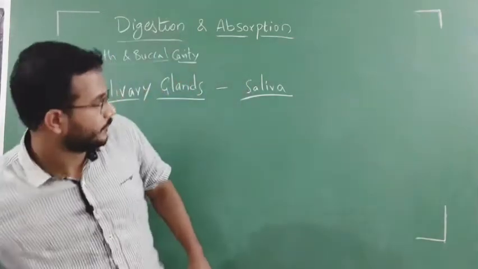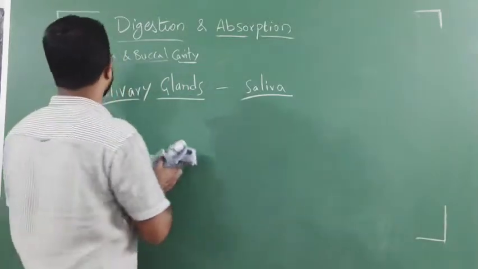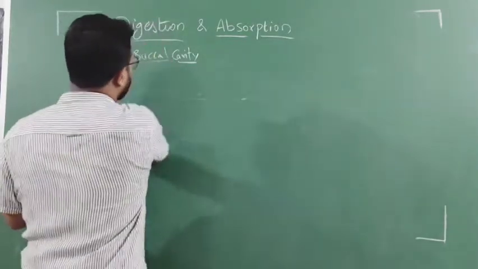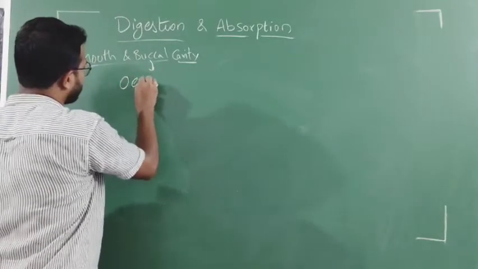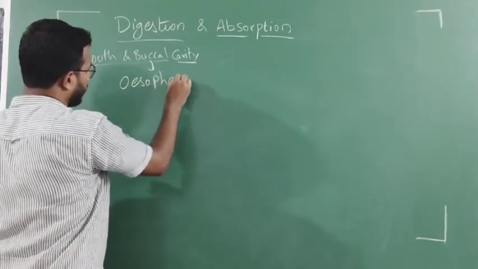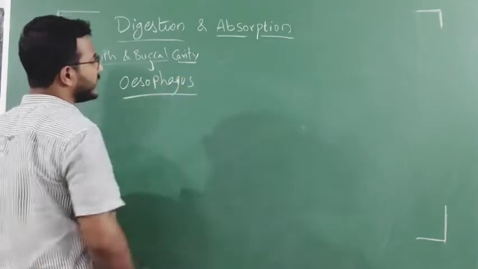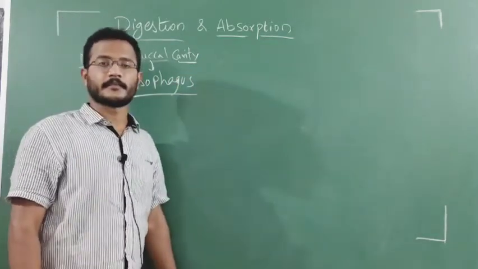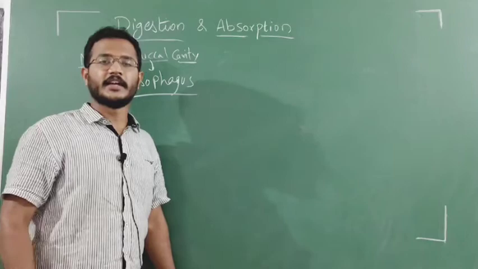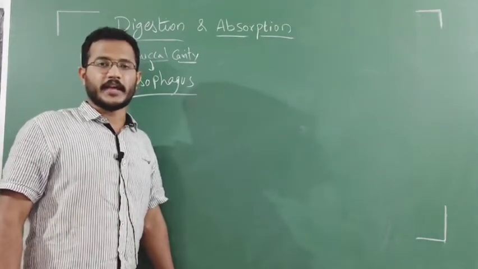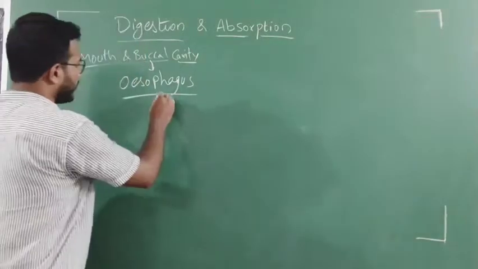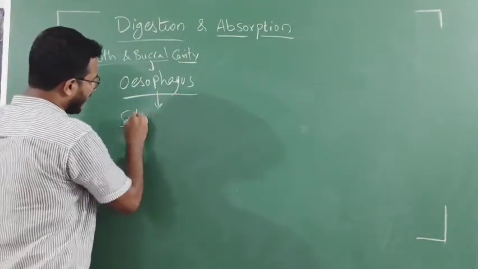Okay, now this is about the mouth and buccal cavity, and we are coming to the esophagus. The esophagus starts from the buccal cavity region and ends at the chest region, and from the chest region the stomach arises.